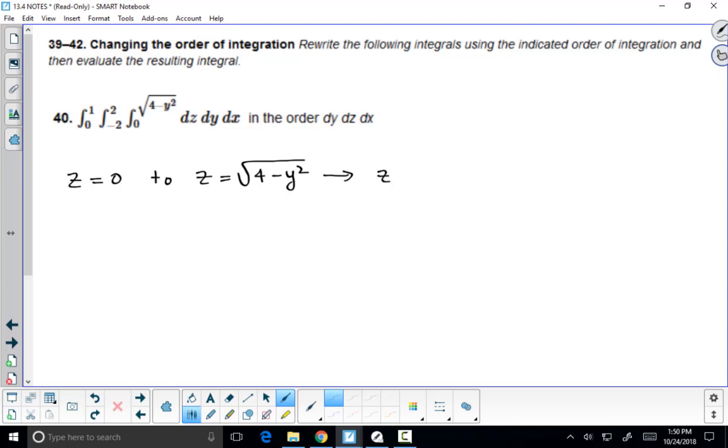If we square both sides and add y squared to both sides, this is a circle of radius 2, centered at the origin. But because z is non-negative, we know that we're dealing with the upper part of that circle, the upper hemisphere. And then x is missing, so that upper hemisphere is extruded in the x direction. So we've got a Quonset hut looking thing.